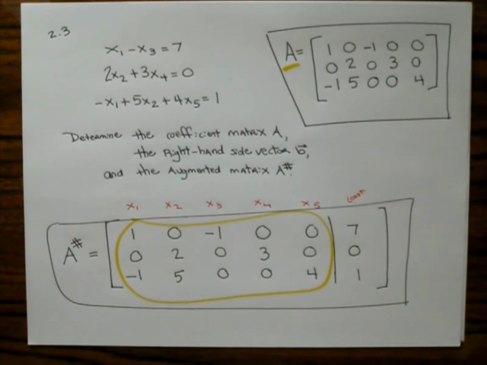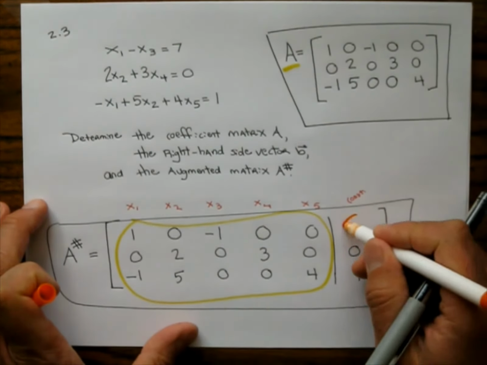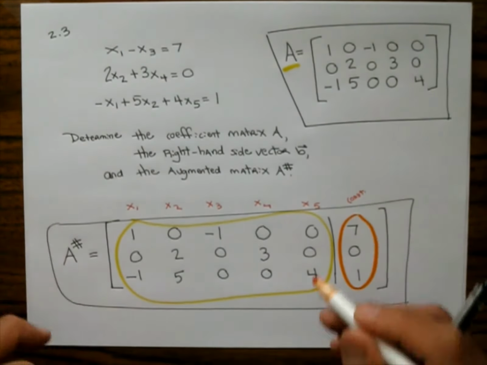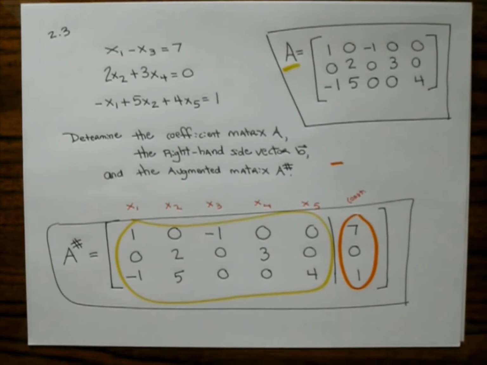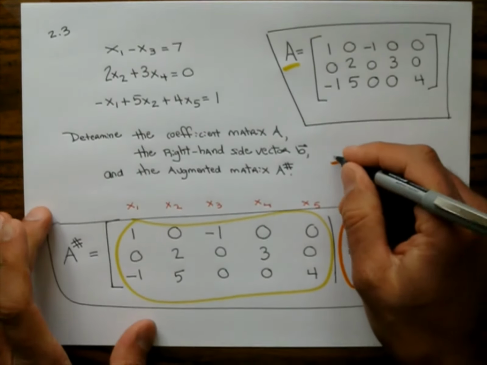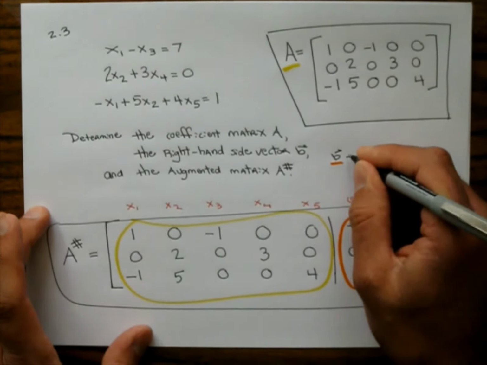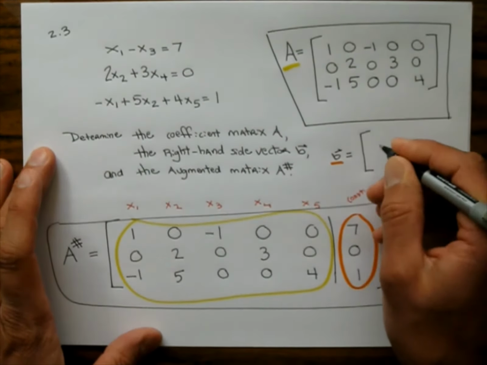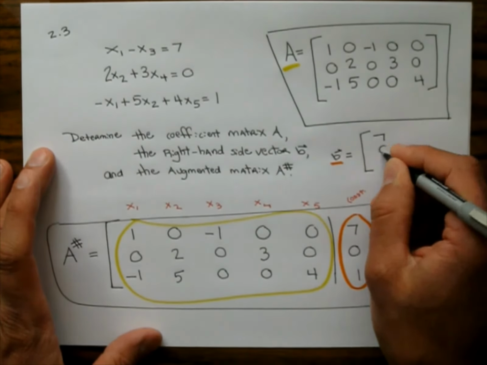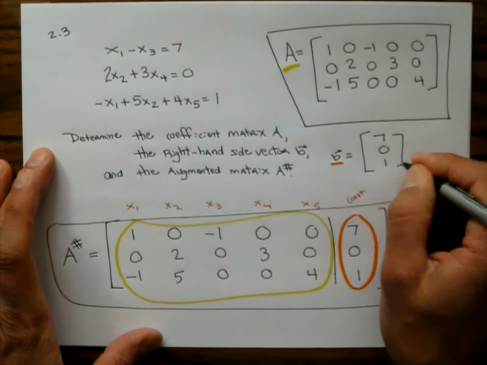And the other one, the right-hand side vector B, this guy right here. So B is this column vector 7, 0, 1.